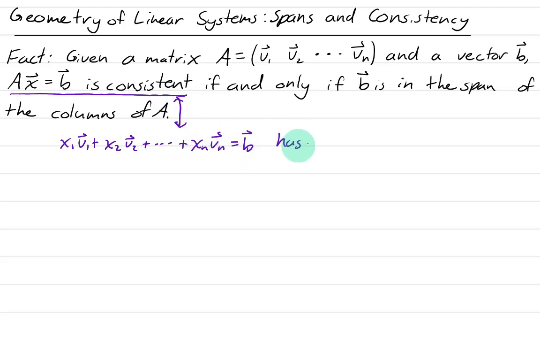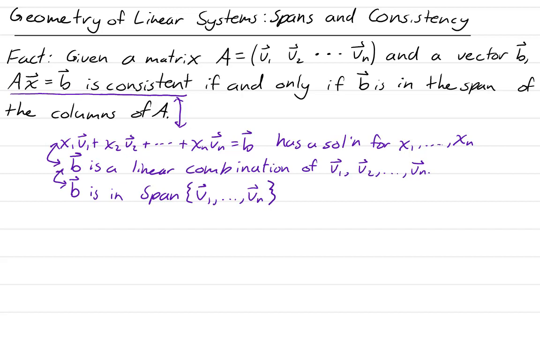And consistent just means that it has a solution vector X, that there exist numbers for x1 through xn that make it true. In other words, saying that AX equals B is consistent means that B is a linear combination of the columns of A, which means that B is in the span of those column vectors, because the definition of the span is just the set of all linear combinations of those vectors.